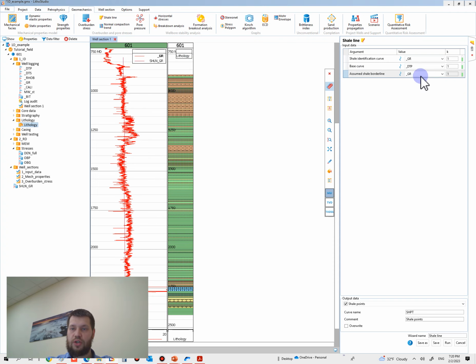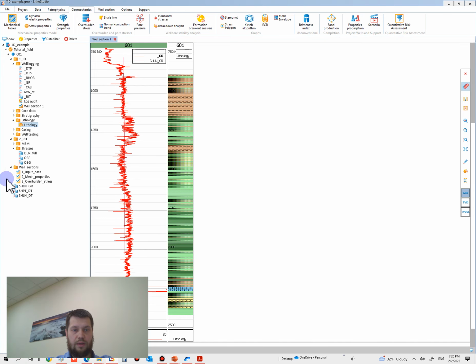This is Shale line gamma ray. In the output data we will get shale points and shale line: Shale points DT and Shale line DT. Then, okay.